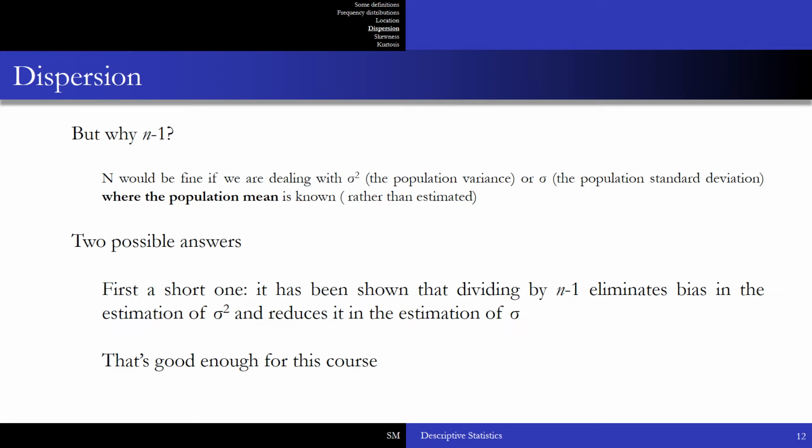It's been shown that dividing by the sample size minus 1 eliminates bias in the estimation of the population variance and reduces it in the estimation of the population standard deviation. And for the purposes of this course, that's all that you need to know.